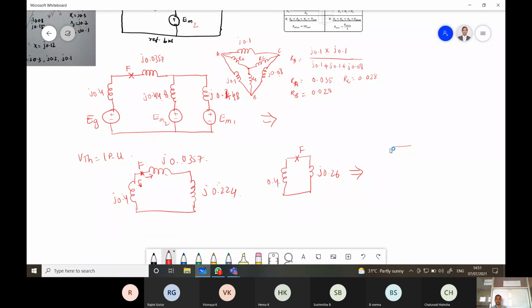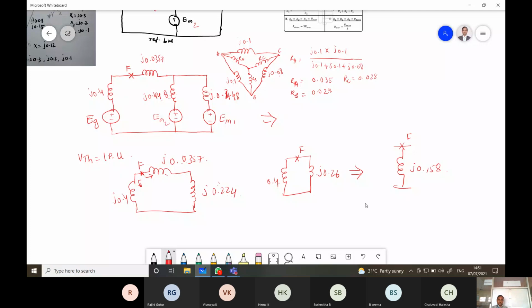Parallel combination of this, what do we get? 0.4 into 0.26 by 0.4 plus 0.26, J, what is the value? 0.15750, 0.158. Correct. Okay.